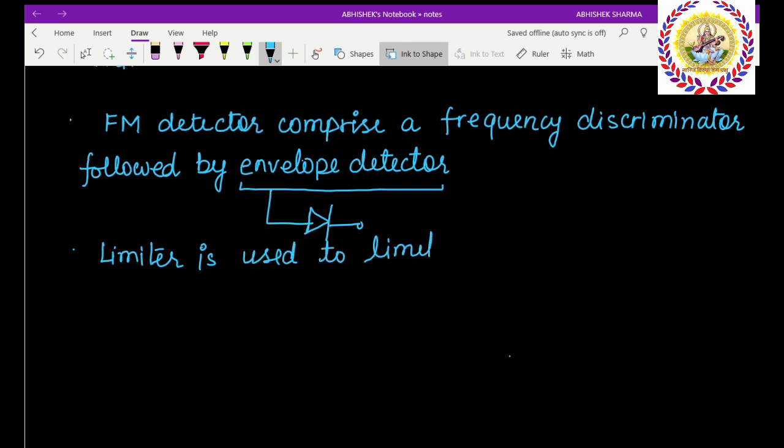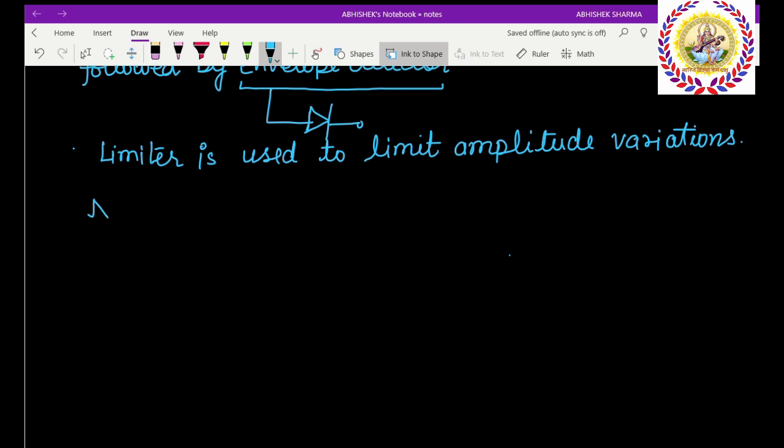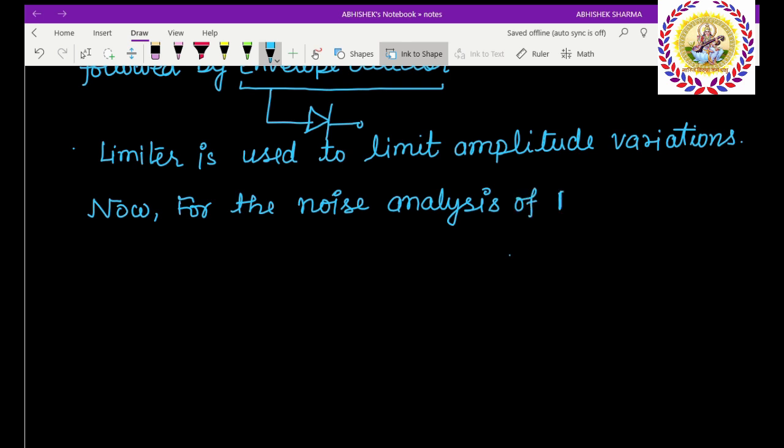The second important point is that the limiter is used to limit amplitude variations.